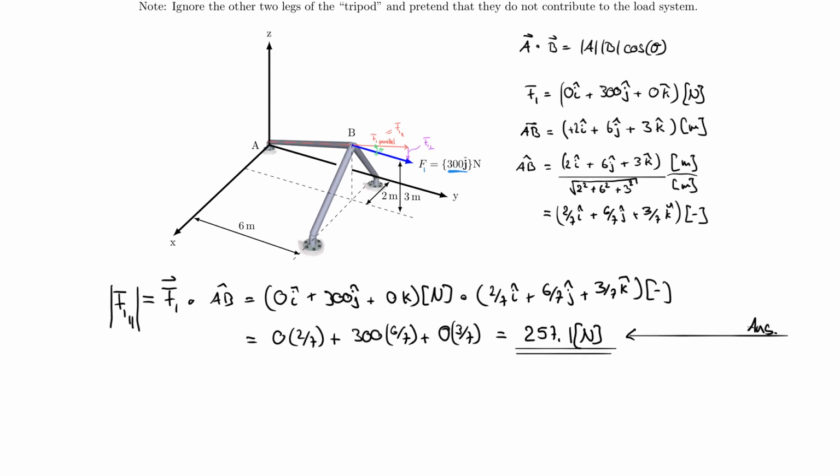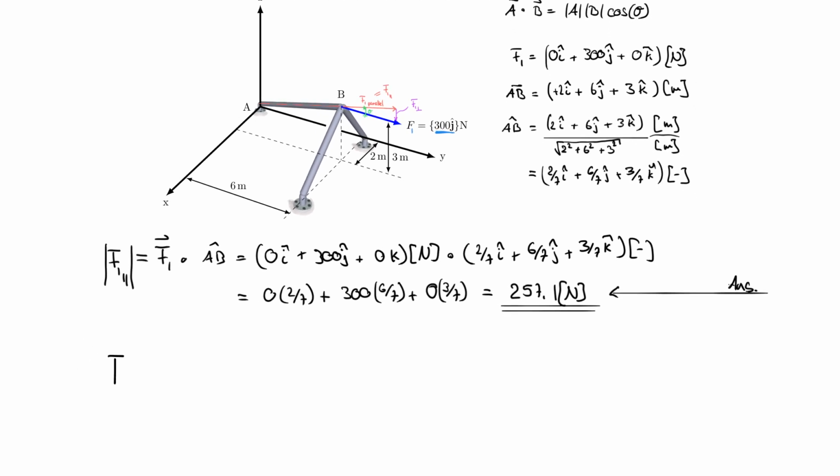So to find the F1 parallel as a vector, what you have to do is take your 257.1 Newton and multiply that by your unit vector. So in numbers, that would be 2 over 7 i hat plus 6 over 7 j hat plus 3 over 7 k hat.